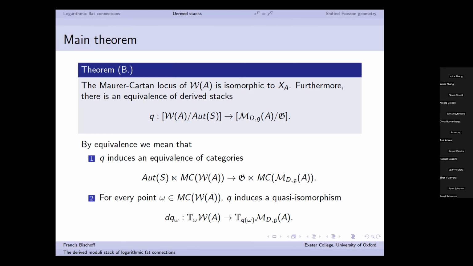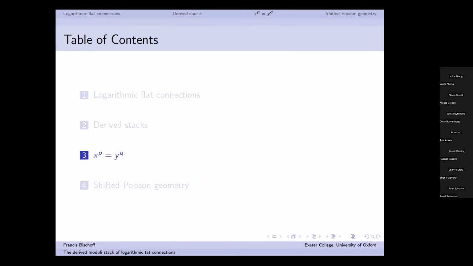Okay, so in the remainder, I just want to mention two things. One is the special case where the hypersurface is a plane curve of this form. This is a case that I understand much better, so I'll say a little bit about what you get.